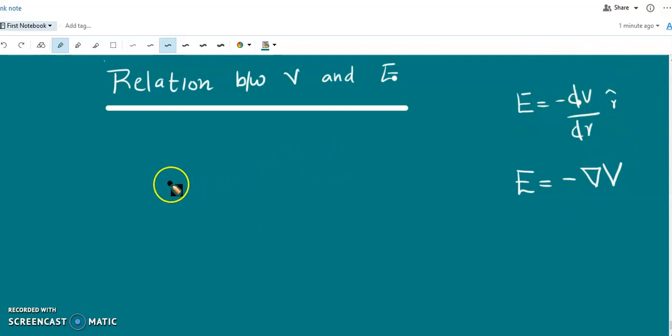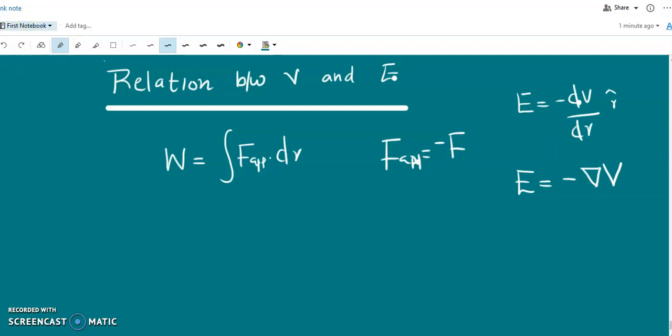We have already seen that the work done to take a charge Q from a reference point, which is usually taken as infinity, to a point in the electric field is given by W is equal to integral F applied dot dr. Here F applied is the negative of the force in the electric field, so we have to apply a force against the electrostatic force. So this is minus integral F dot dr.